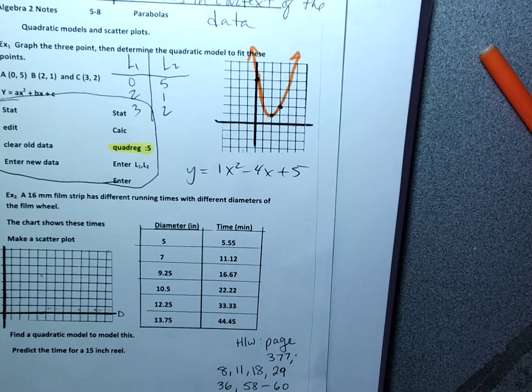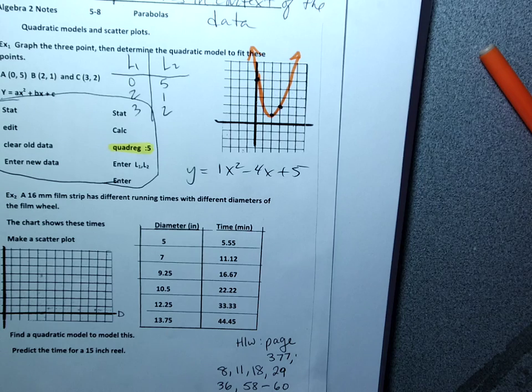But if the wheel's really, really big and you're taking off the same amount, it's going to spin pretty slowly. I mean, think about something as big as the Earth. If it's that big, you'd hardly see it or feel it spin, wouldn't you? So the larger it is, the slower it's going to spin, as long as the tape is being pulled off at the same rate.